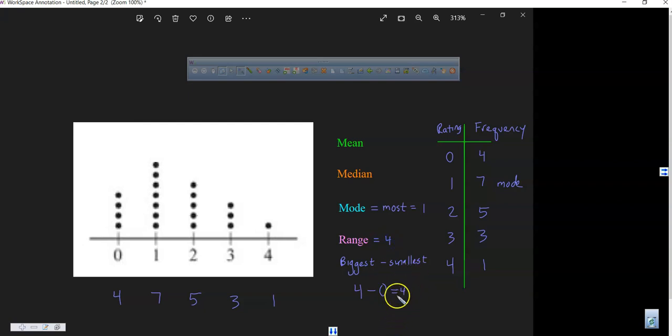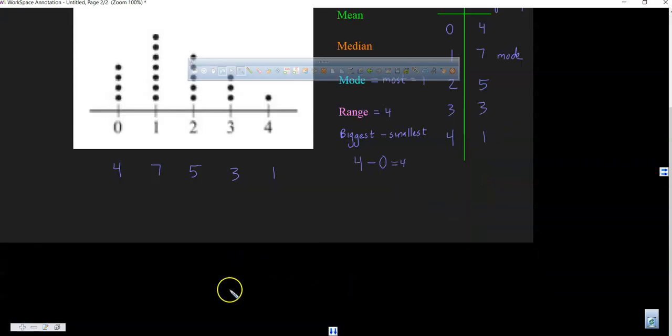All right. Now, the median, we would have to list all of these numbers from least to greatest. So what would that look like? Let's go ahead. So we have 4 zeros. We have 7 ones.